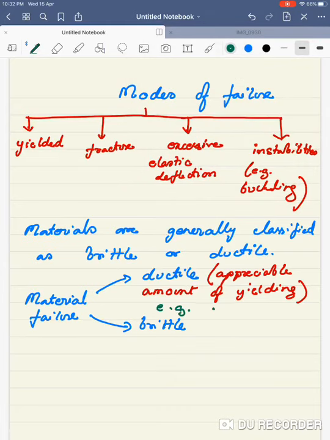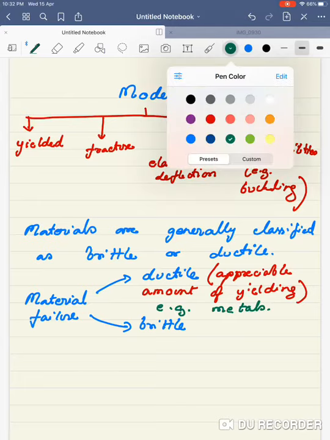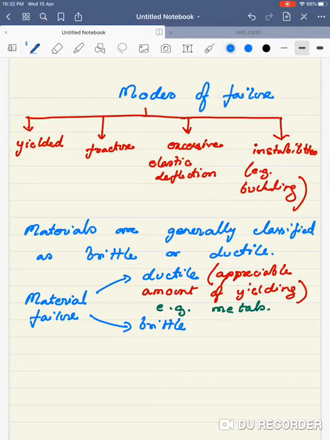Examples, of course, are metals. These are the classical example. Metals are considered highly ductile materials. Sometimes, for example, cast iron may be brittle, but in general, things like brass, copper, etc., or steel would fall under the ductile category.